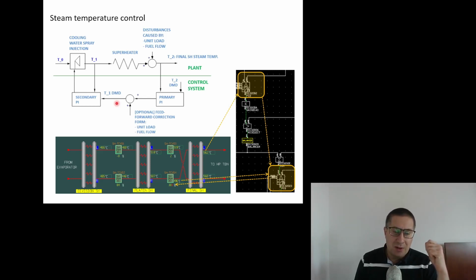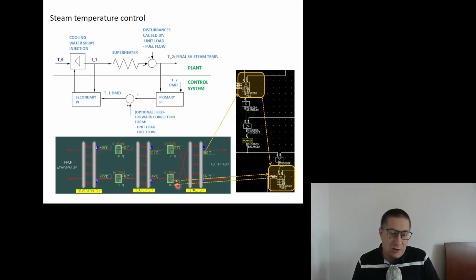So to summarize it a bit, by the way, here you can see part of the real control system where you have one PID controller that calculates the set point for the secondary PID controller, right? This is how it looks in the memory of the controller.